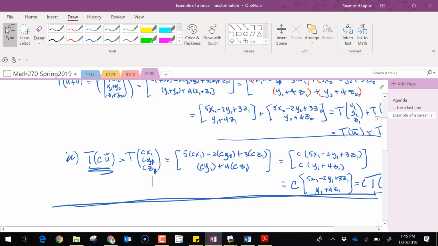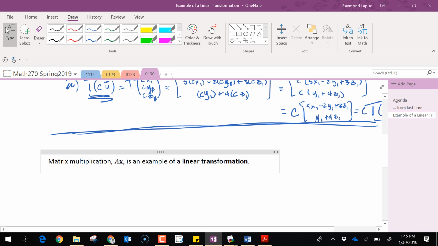So addition and scalar multiplication and linear transformations.